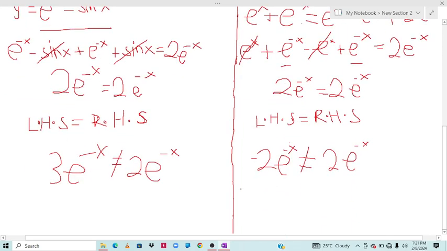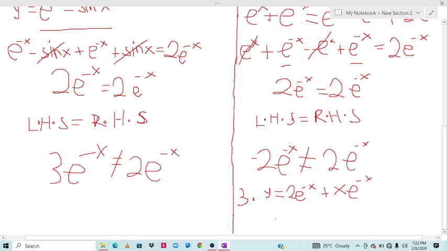Alright. So now let's consider the third equation, which I urge all of you to solve yourself. We have the solution y equals 2e^(-x) plus xe^(-x).